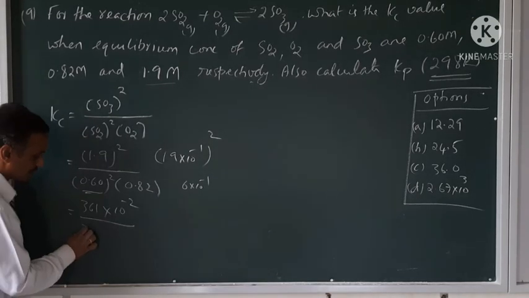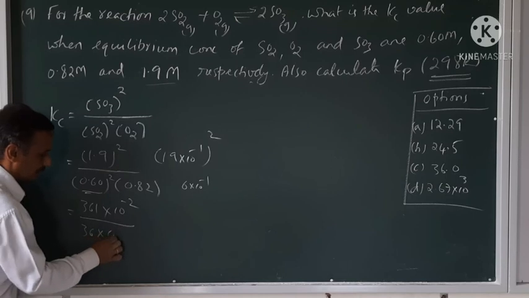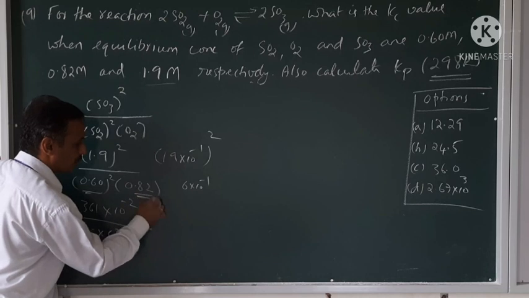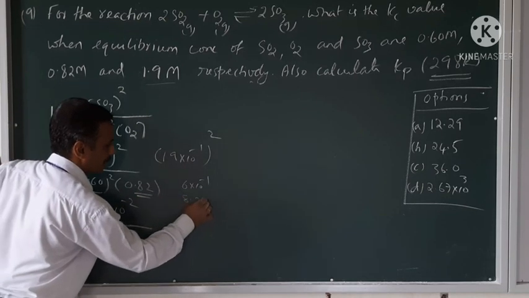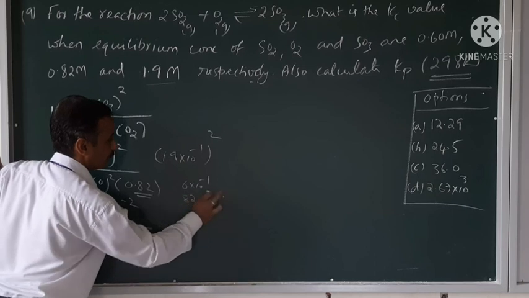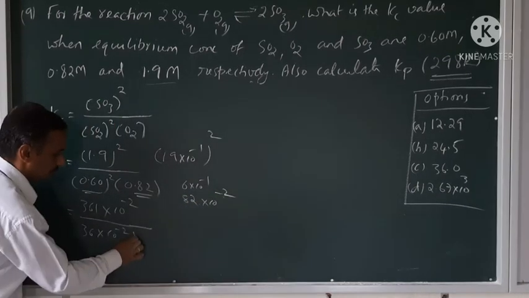So 6 squared is 36 into 10 to the power minus 2. Then 0.82 I can write as 8.2 into 10 to the power minus 1, or I can write 82 into 10 to the power minus 2 also.